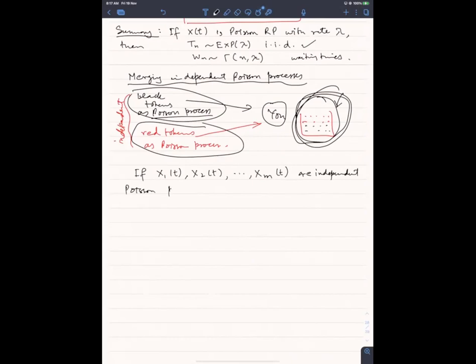Poisson processes with rates lambda 1, lambda 2, up to lambda m. Okay, these are the rates. Then X, which is the sum of these, the total tokens that are coming to you, the sum of i equal to 1 to m of Xi, for all t in 0 to infinity.